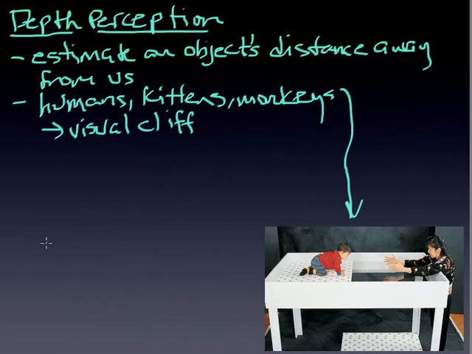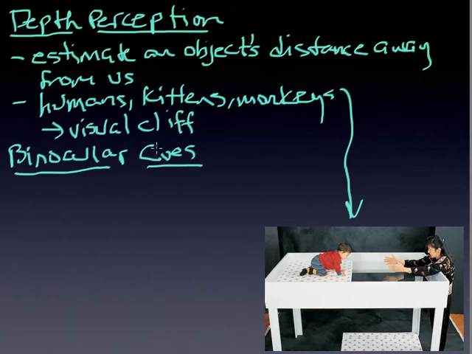So depth perception. Another one, which is all part of this larger visual perception piece, is we use two different kinds of cues to understand the world around us: binocular and monocular cues.